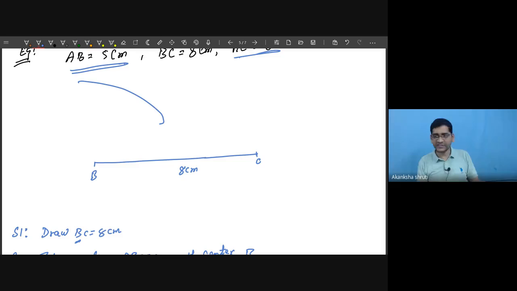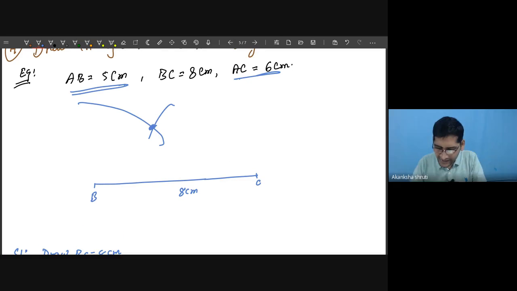Again, you have to extend your compass, place it on the scale to 6 centimeter. Now place this end at the C and cut it. Here I am getting that. Taking this, it is cutting like this, at this point. Where this is cutting, the point of intersection of these two arcs or the two circles we are drawing, that will give us the point A.